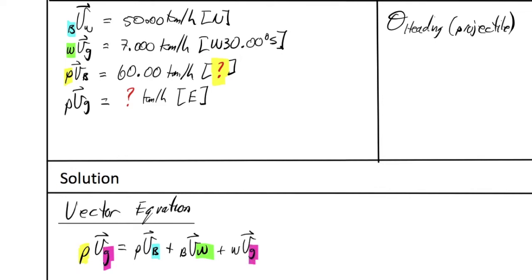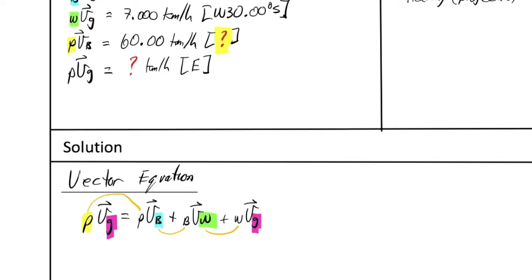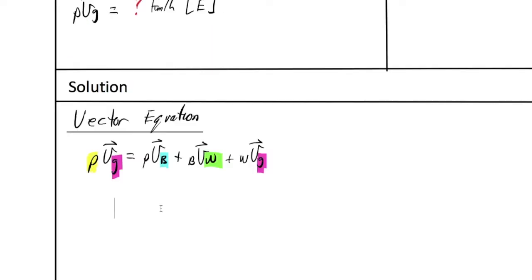So we start with the letter P, we have the B sandwich, then a W sandwich, and then it ends with the G. So we're good. Now that we've successfully created the vector equation, we go with the short names. PVG is our resultant.